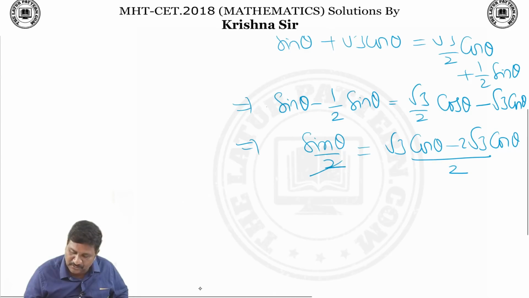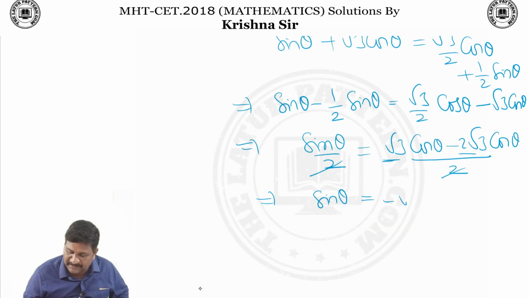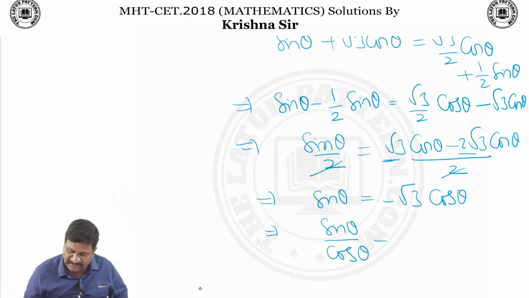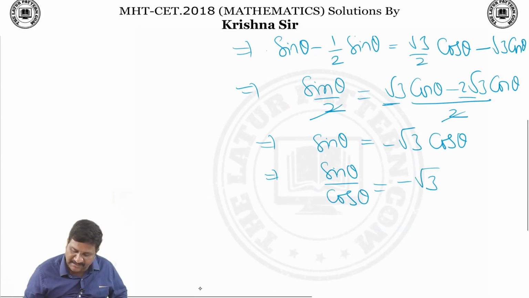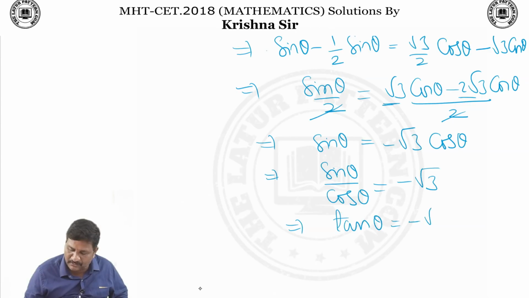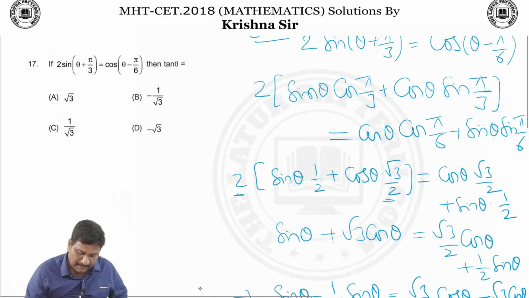Now both sides 2 will get cancelled. Then sin theta is equal to root 3 minus 2 root 3, that is minus root 3 cos theta. Then sin theta upon cos theta is equal to minus root 3, that is tan theta is equal to minus root 3.